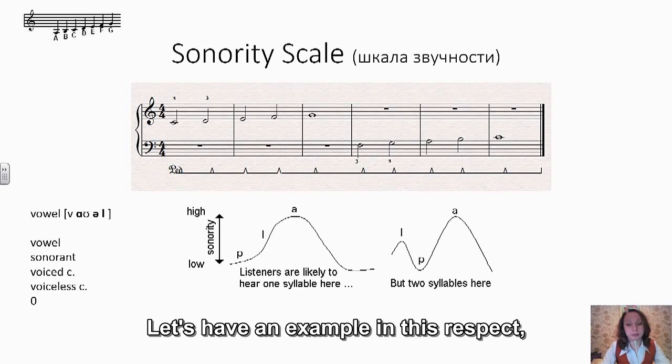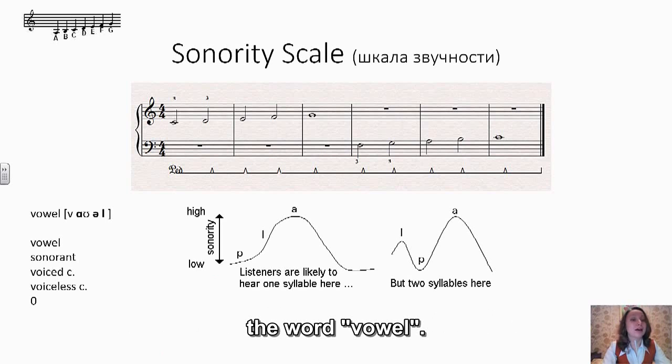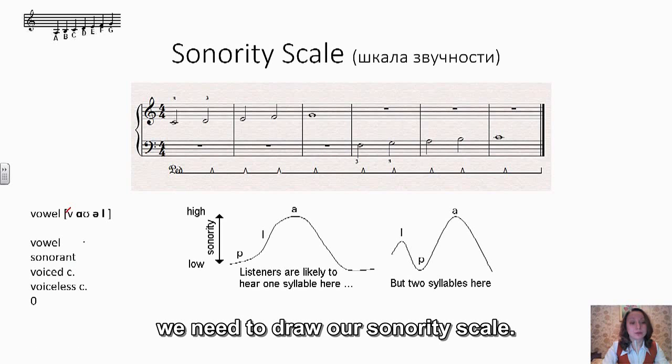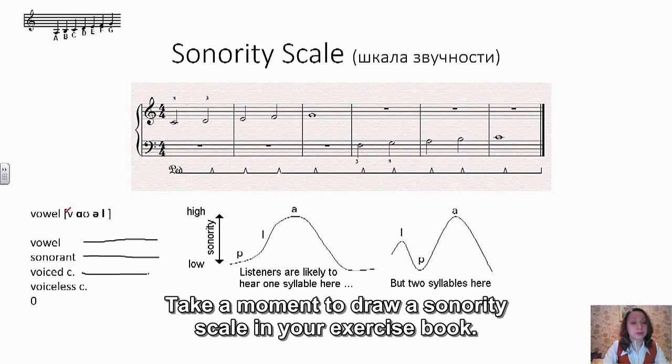Let's have an example in this respect: the word vowel. So in order to understand how many syllables we have in this word, we need to draw our sonority scale. Take a moment to draw your sonority scale in your exercise book.